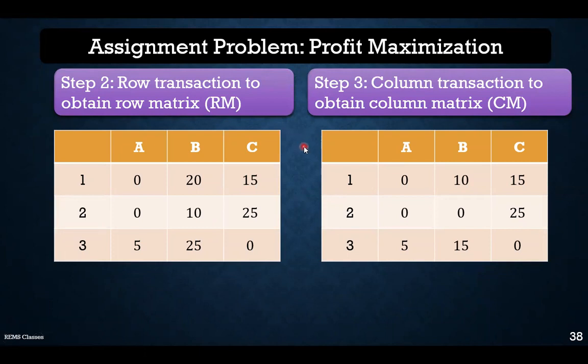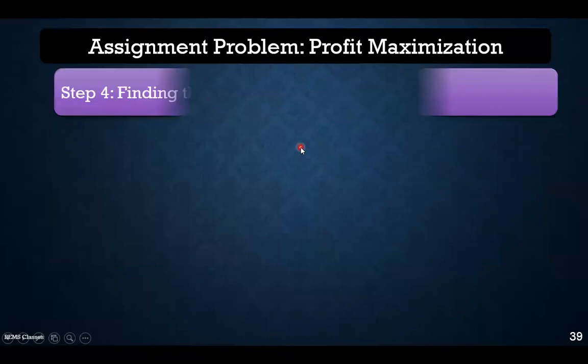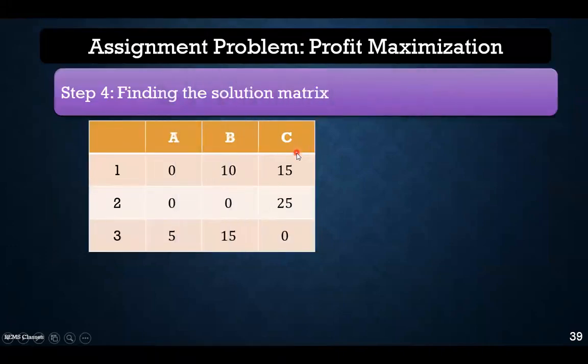Next, we'll go for the solution matrix. This is the matrix we have obtained after the column reduction. Now we go for the assignment. In this particular row we have only one 0, in this column only one 0, and in this column only one 0.